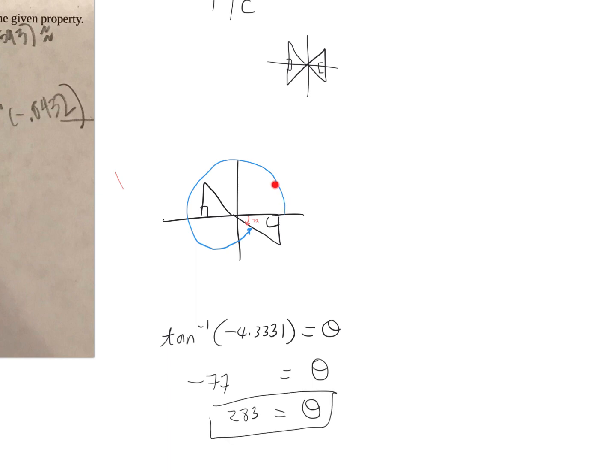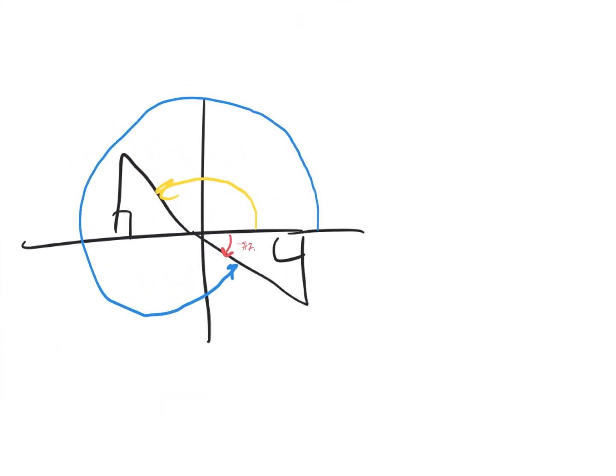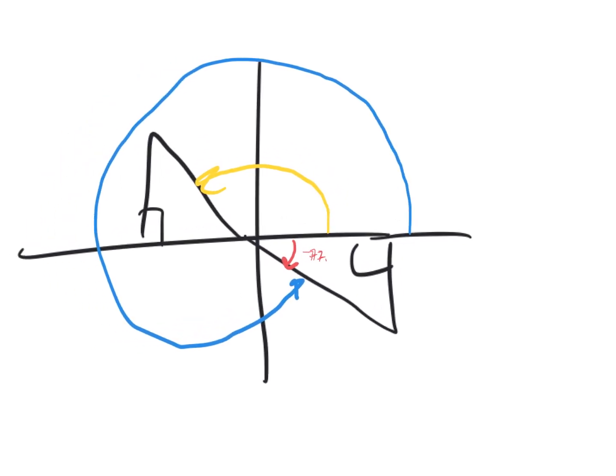That's this big blue one, right? But now, of course, we want this yellow one. We want this one that starts here and then ends right there, right? Well, we do have a clue as to what that might be, because we know that this angle is 77 degrees.